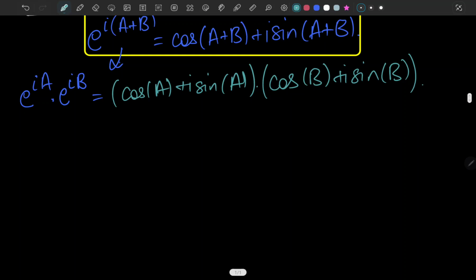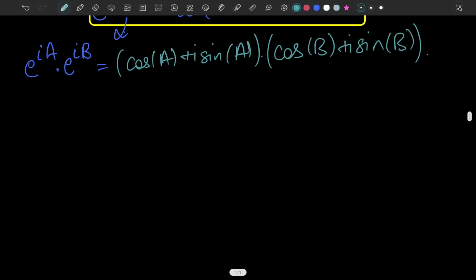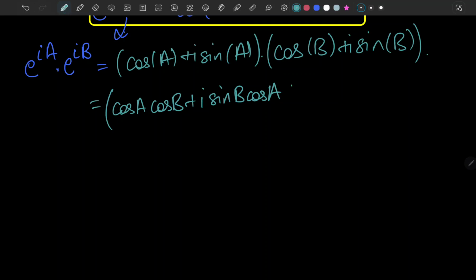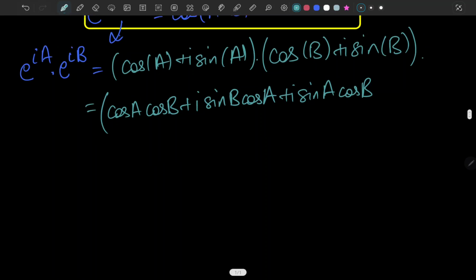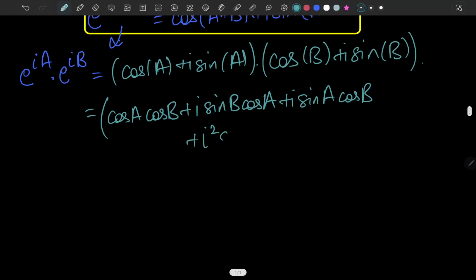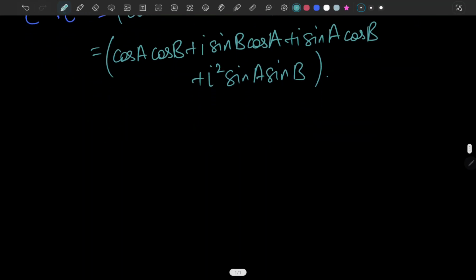Now let's multiply these two parentheses with each other. That's going to give us cosine of a times cosine of b, plus i times sine of b cosine of a, plus i times sine of a cosine of b, and plus i squared times sine of a sine of b. How cool is that, guys? Literally just have a look at this. Now as we know that i squared is -1, just replace it with -1 here.